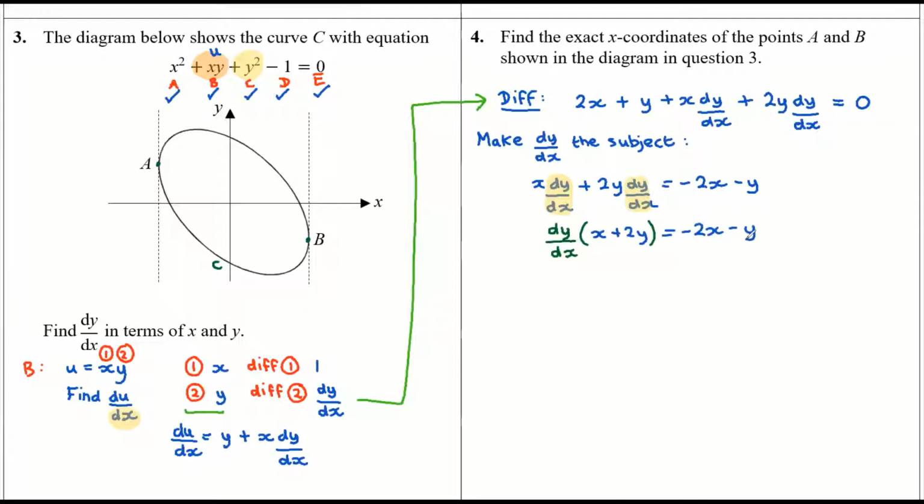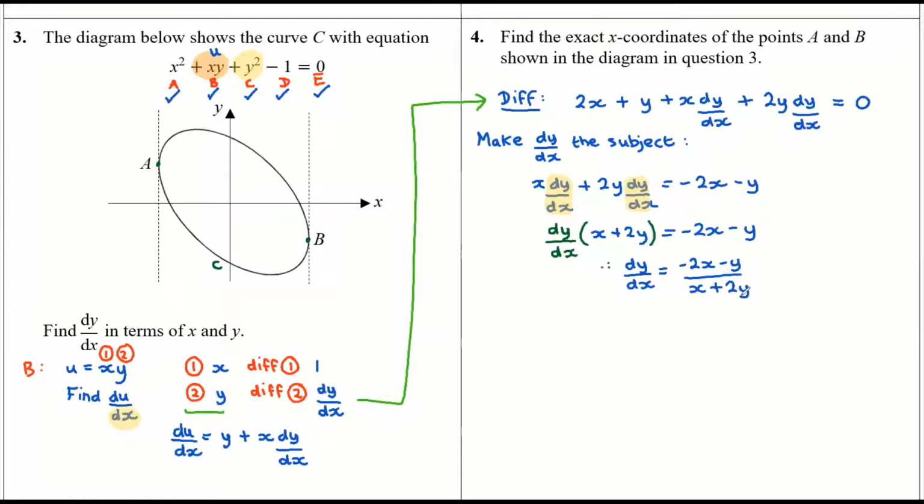And to complete this question, we just have to divide now by x plus 2y. So therefore, dy by dx is going to equal negative 2x subtract y over x plus 2y. So we now have an expression in terms of x and y for the derivative dy by dx.